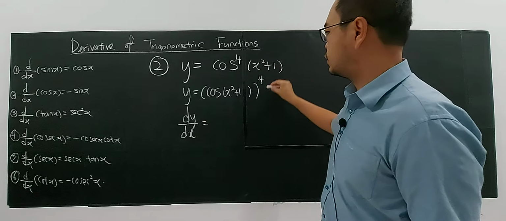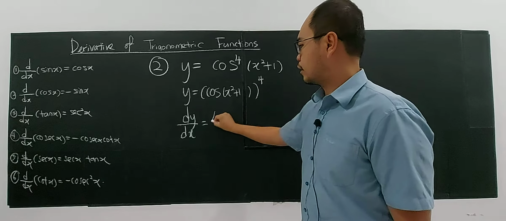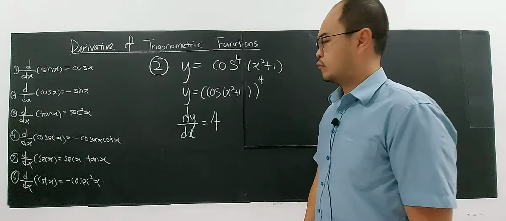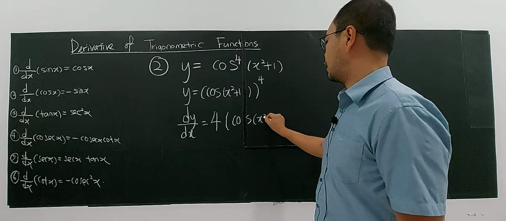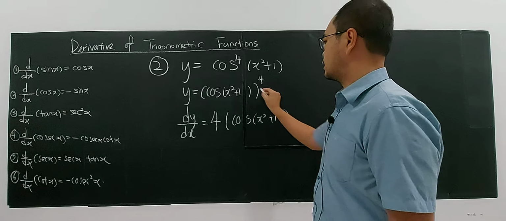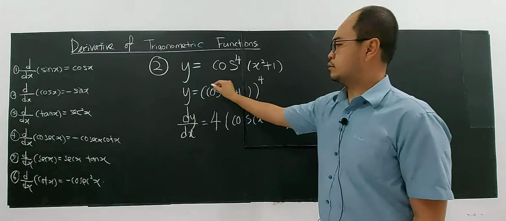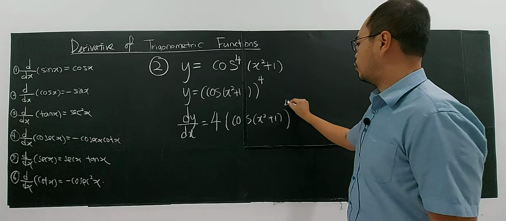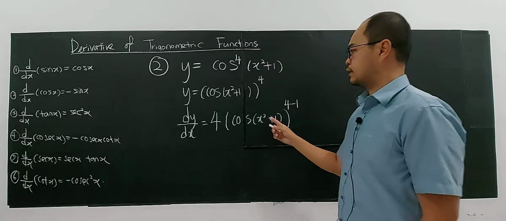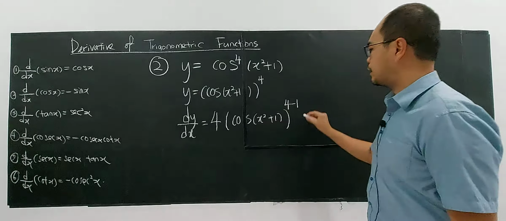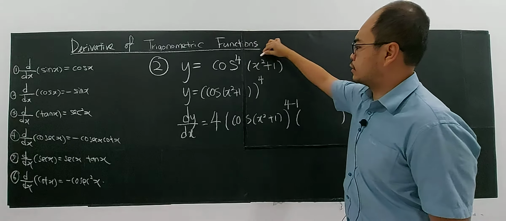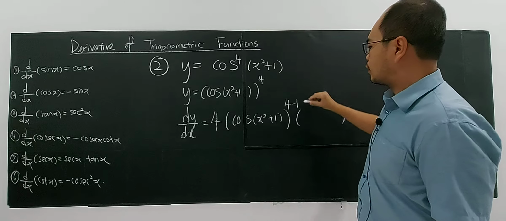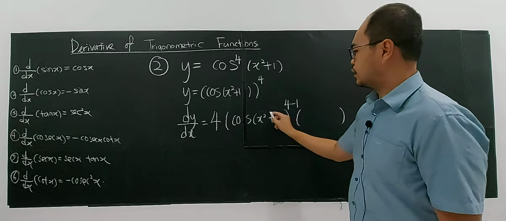So dy/dx, I have to use the chain rule. The 4 comes down. First step. Second step, copy back cos of (x squared plus 1) exactly the same, and the 4 you minus 1. Third step, look at the angle inside. Look at the function inside the power.